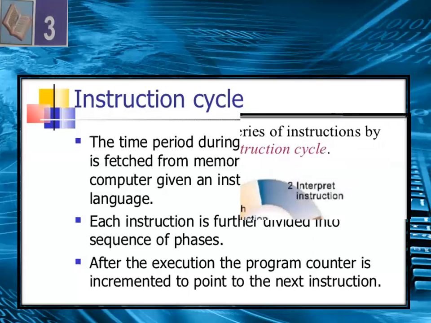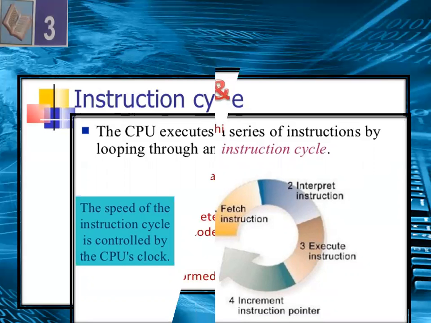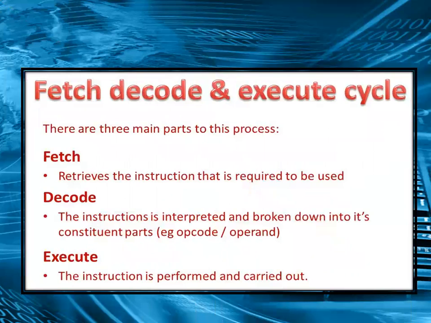So basically, the instruction cycle consists of the following operations: fetch, decode, and execute. Here we have fetch the instruction, execute, and increment. This is our instruction cycle, in which we have three operations: fetch, decode, and execute.